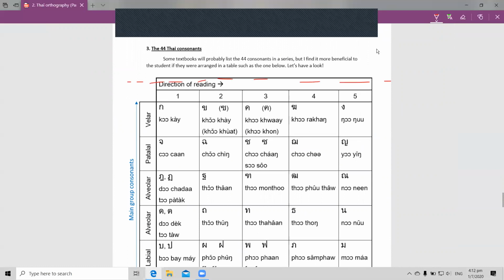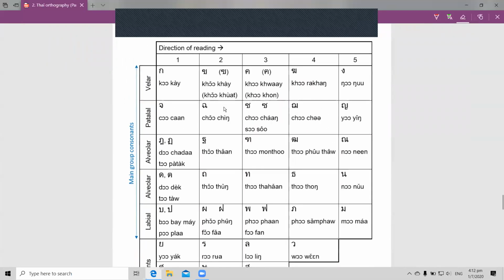But I find that it's better if we put the consonants in a table form. So these are the 44 consonants we have.